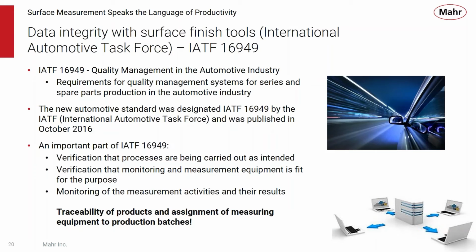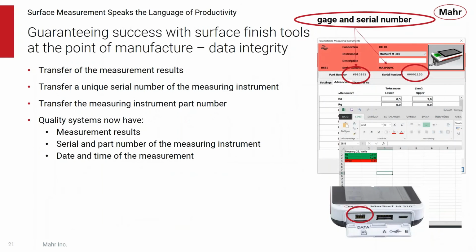So what we can do now is start thinking about traceability of the products that are assigned to the measuring equipment for those production batches. And we can build that information into the surface finish equipment.